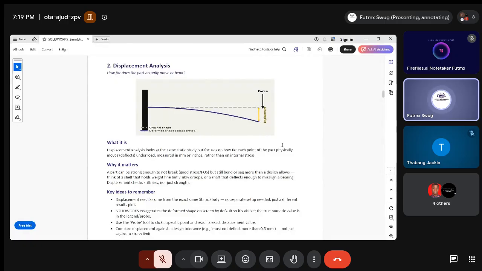For example, let's say you were asked to design a particular bridge, and you want to know, when this bridge is carrying a particular load, to what level of displacement it will undergo. So you take a model of this bridge and do a displacement analysis. In that analysis, you'll be able to see, okay, this is the level of displacement.